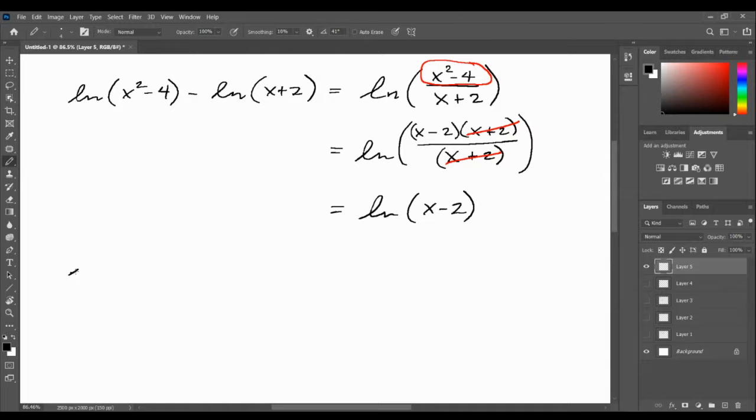Perhaps a little lengthier. Natural log of x minus 3 times the natural log of x minus 5 plus the natural log of x plus 5.